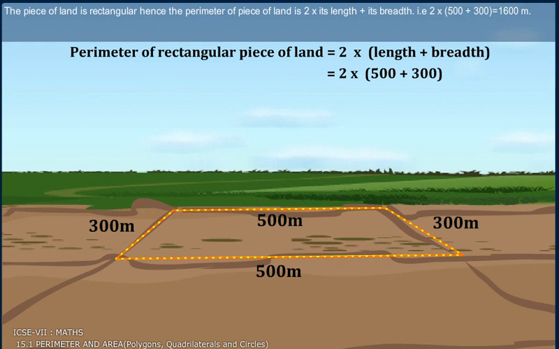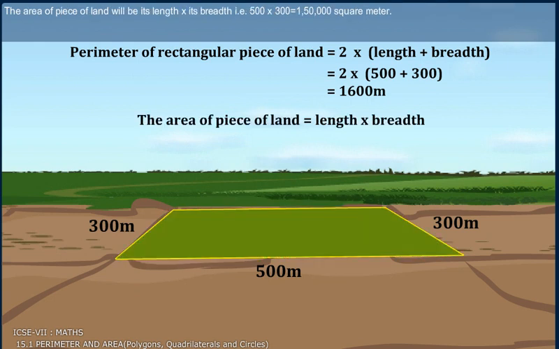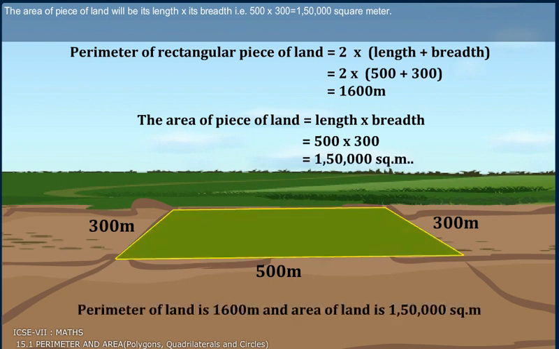That is 2 into (500 plus 300) is equal to 1600 meter. The area of piece of land will be its length into its breadth. That is 500 into 300 is equal to 1,50,000 square meter.